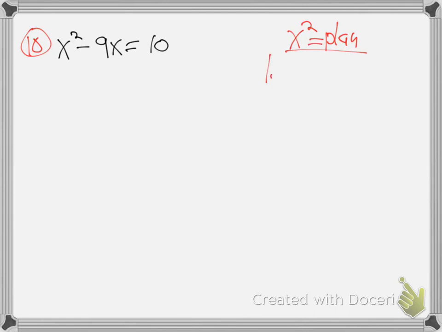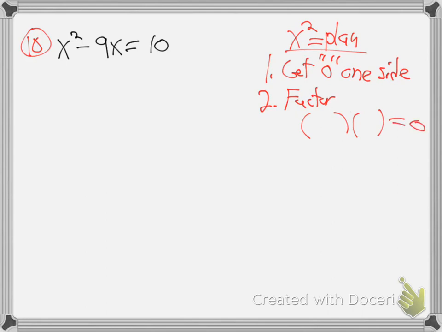What do you do? Step 1, get a 0 on one side. Doesn't matter which side. Step 2, factor, which means like the two parentheses kind of thing, equals 0.